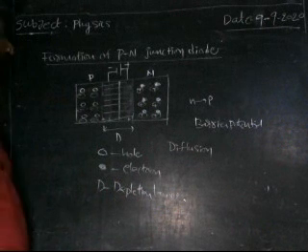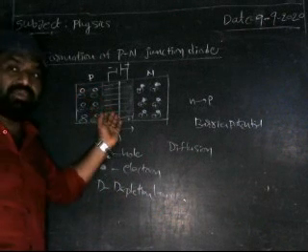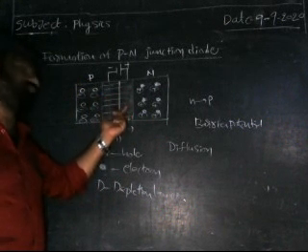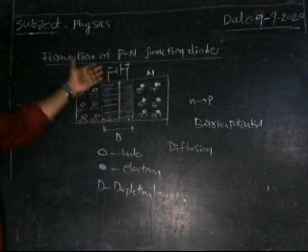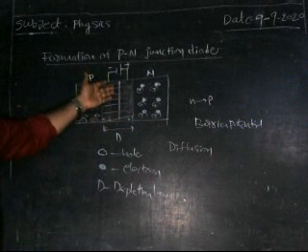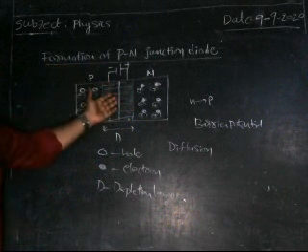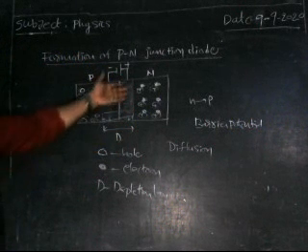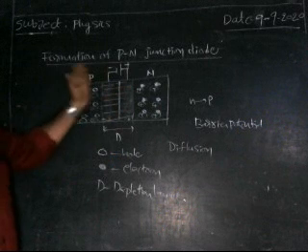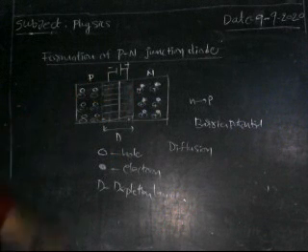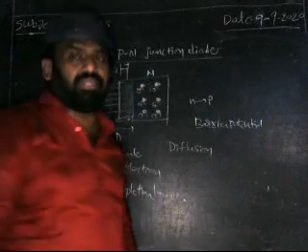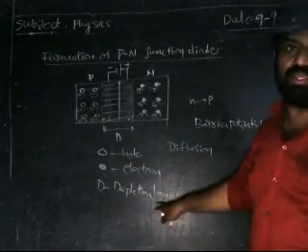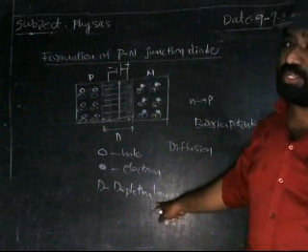What is a depletion layer? A narrow region is formed. Why is the narrow region formed here? On either side of the junction, the holes and electrons combine with each other and become neutral. A chargeless region is formed between P-type and N-type semiconductors where there are no mobile charge carriers, and this is called the depletion layer.